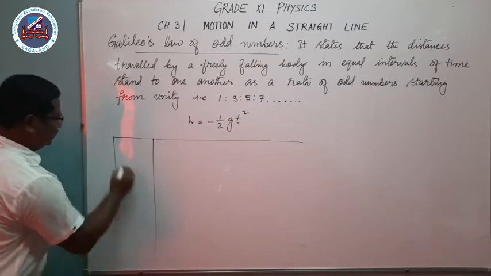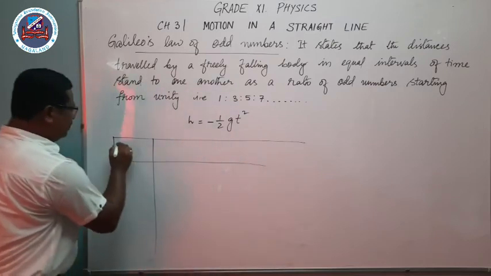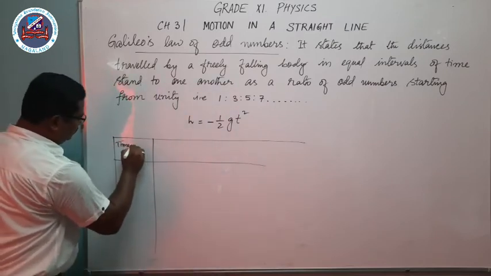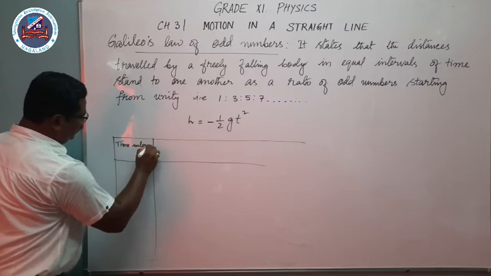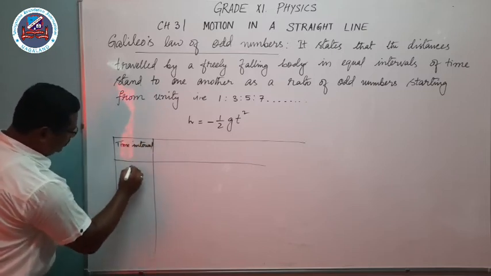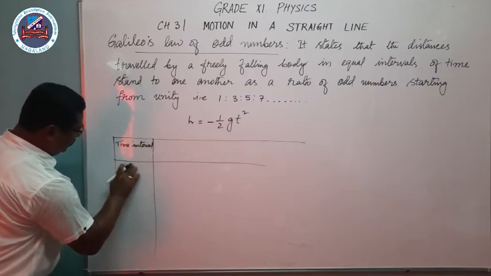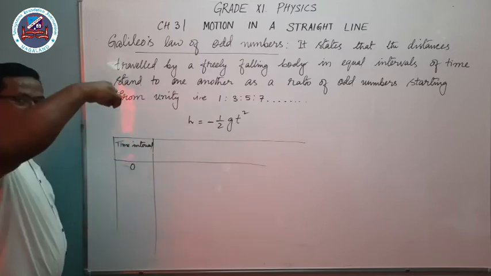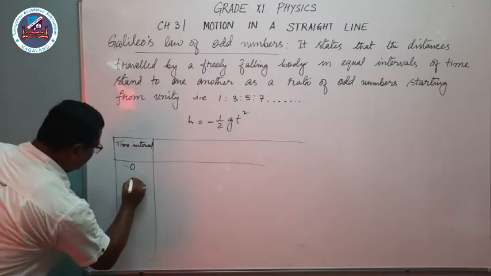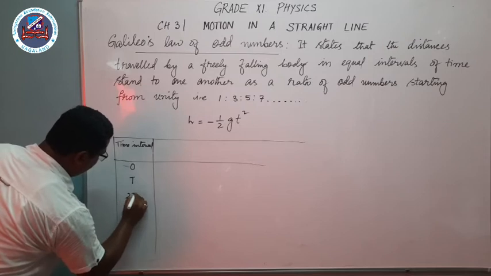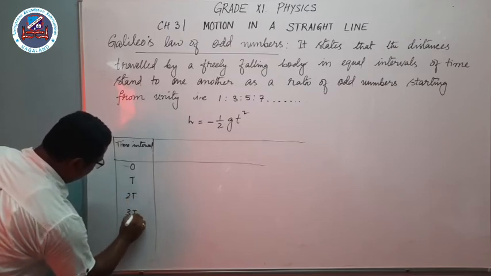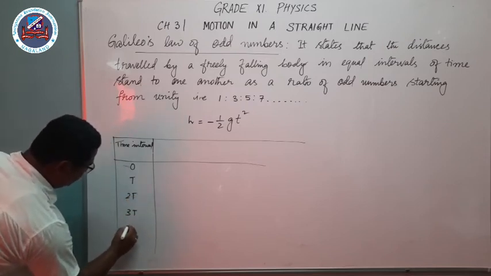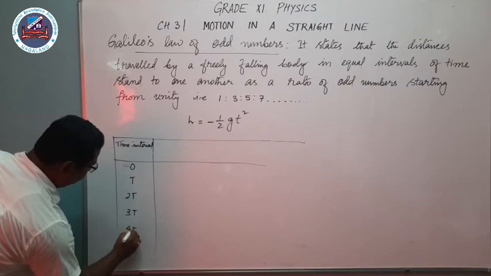The first column is the time interval. If I take equal time intervals, starting from 0 when the body is dropped, then t, then 2t, then 3t. Like that, if you go on increasing by t each, plus t will be 4t.